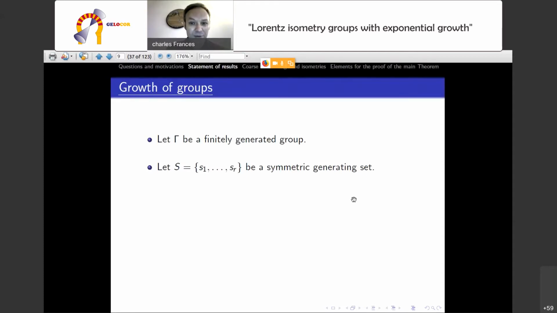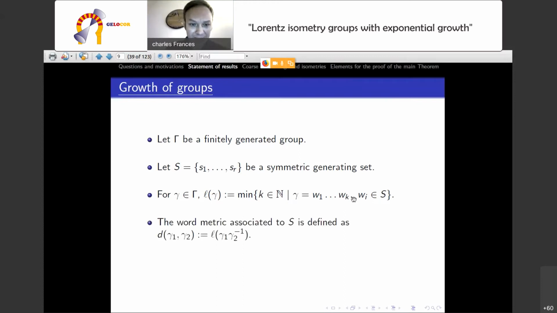So you have a symmetric generating set, S1 to SR. Symmetric means that if S1 is in S, then S1 minus 1 is also in S. And for any element in your group, you define the length of this element as the minimal amount of words in your alphabet that you need to write your element gamma. Okay? And you have the convention that the length of the identity is 0.